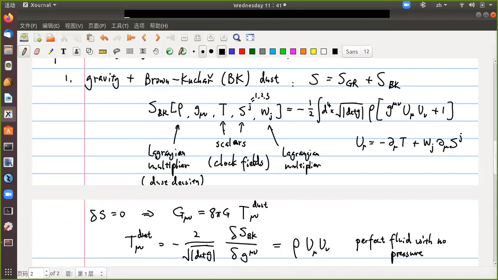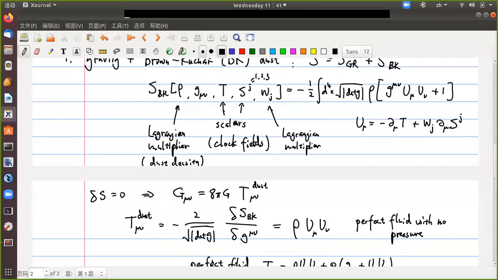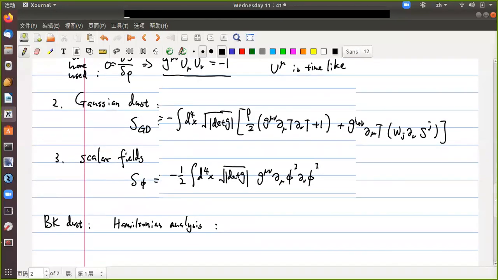The physical degrees of freedom for this model are only t and s. So those t and s are dynamical degrees of freedom, which means that they will give you canonical conjugate variables. Rho and w are just Lagrange multipliers, so they are not associated with conjugate pairs.